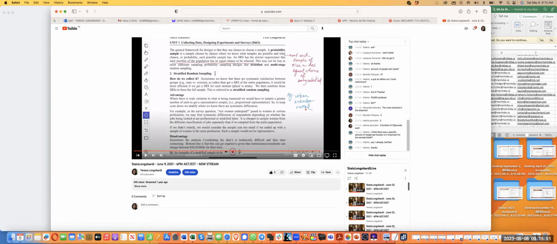They make a point that because so many people live in the city, if you take a random sample, you won't get anybody in the rural area, because there's not that many people there compared to the city.